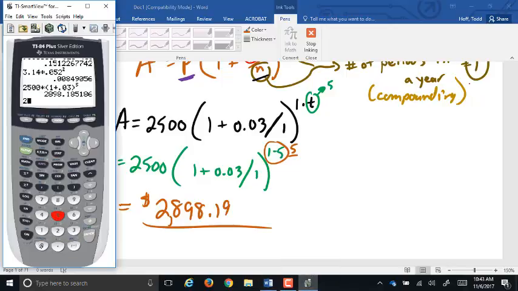So you do 2,500 times, make sure you hit your open parentheses, 1 plus 0.03 divided by 1, close the parentheses, then to the power of, like I said, I just do the 1 times 5 and I enter 5 so that I don't have any issues in that power.